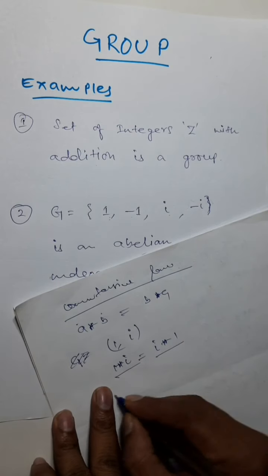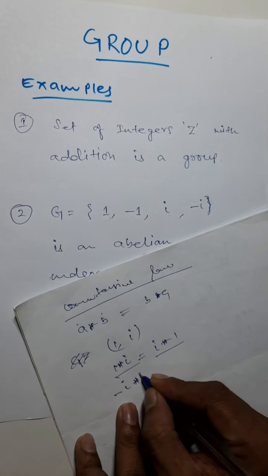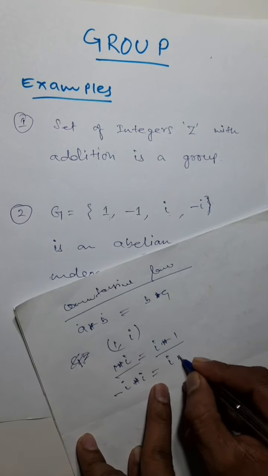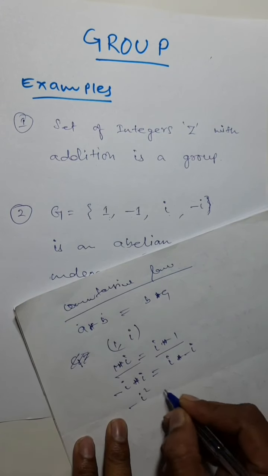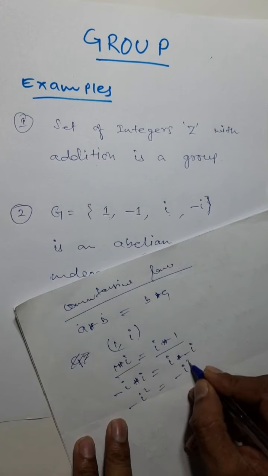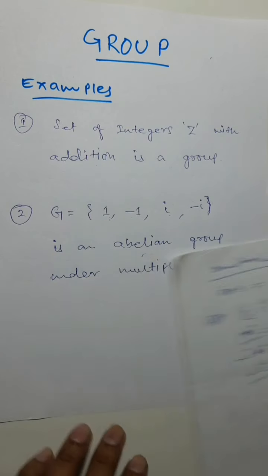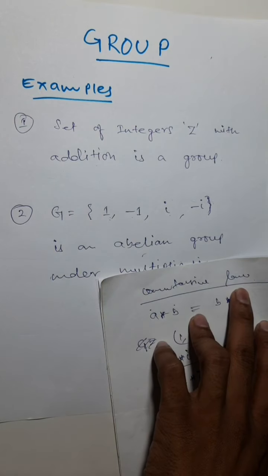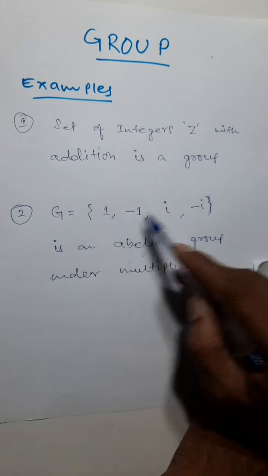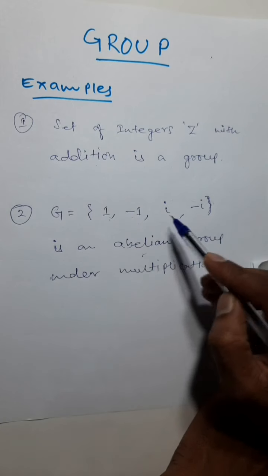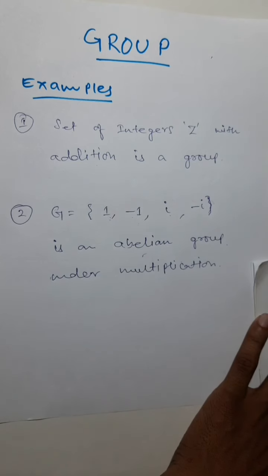For another pair, let it be -I and I. -I star I will be equal to I star -I. That will be minus I square, which is equal to minus I square. Then it satisfies the commutative axiom also. Then we can say that the set G with elements 1, -1, I, -I is an abelian group under the binary operation multiplication.